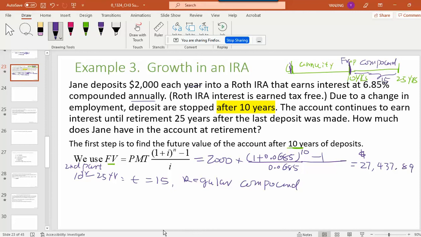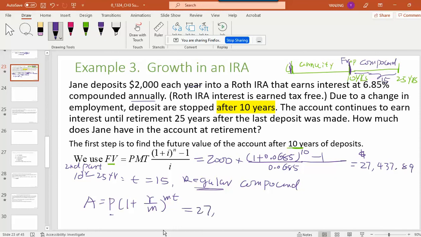Since it compounds annually, we're going to use A equals P times 1 plus r over m to the mt. That's the regular compound, because after the last deposit at the end of 10 years, they don't deposit anymore, so it just grows for another 15 years.